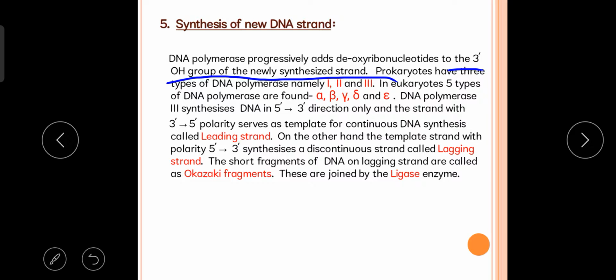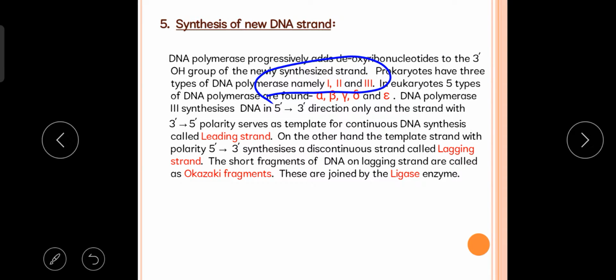In prokaryotes, there are three types of DNA polymerase: DNA polymerase 1, DNA polymerase 2, and DNA polymerase 3.